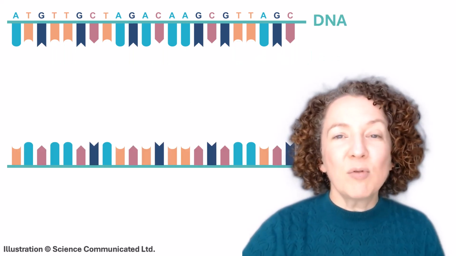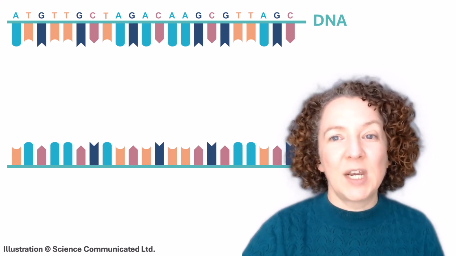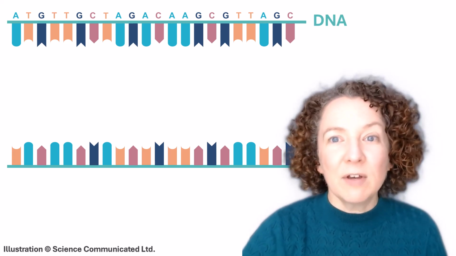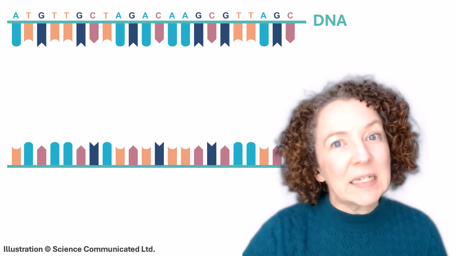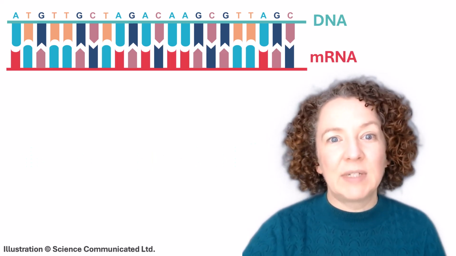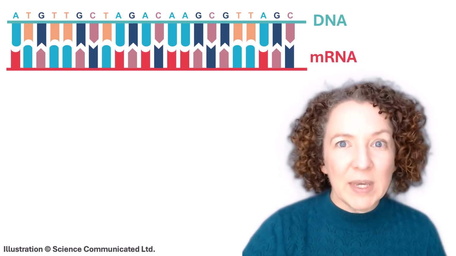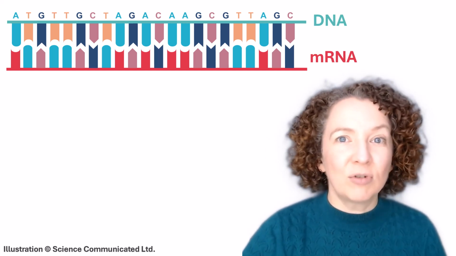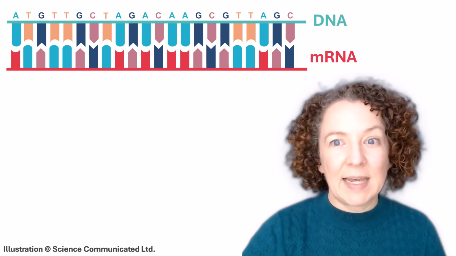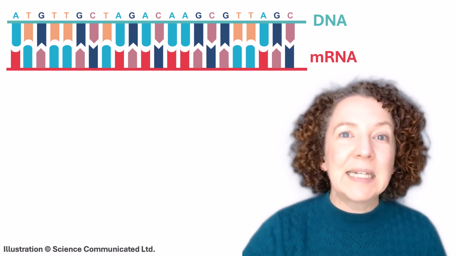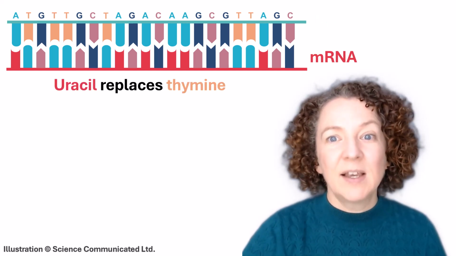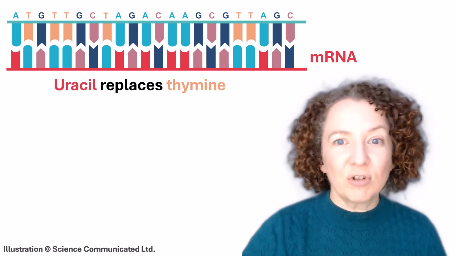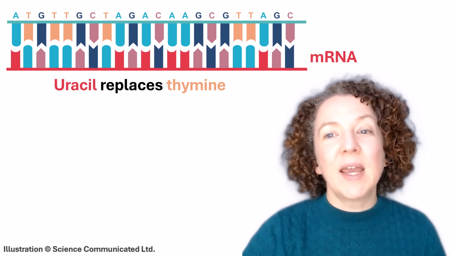It first separates the 2 strands of the gene's DNA, and then it brings in a protein that can make a copy of that gene, but the copy is slightly different from the original DNA. Firstly, the copy is only the length of the gene. Secondly, it's a single strand rather than a double helix. And thirdly, the T DNA base, thymine, has been swapped for a different one called uracil. The single strand copy of the gene is called mRNA.